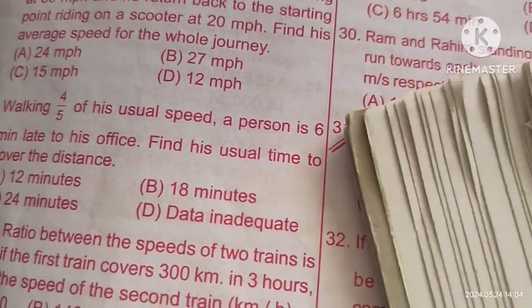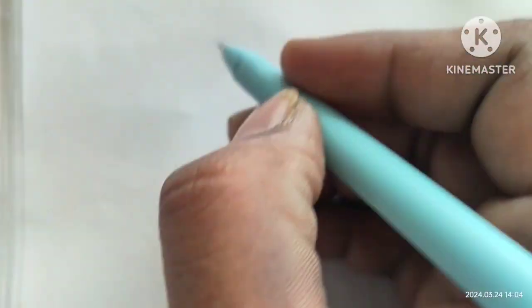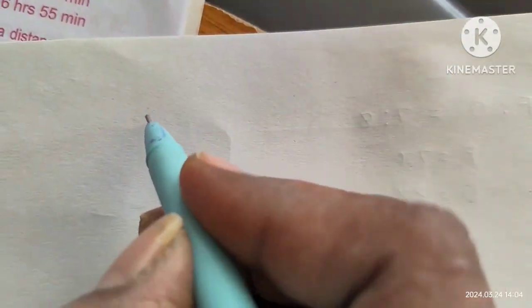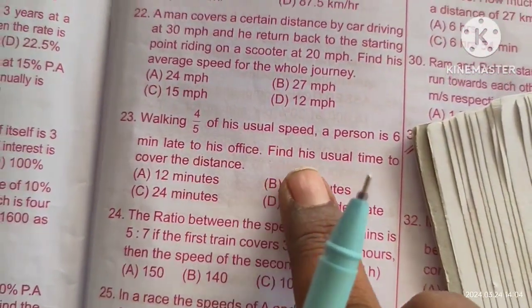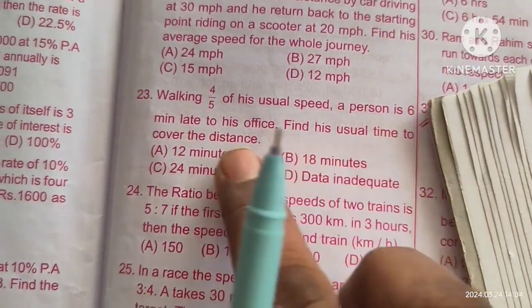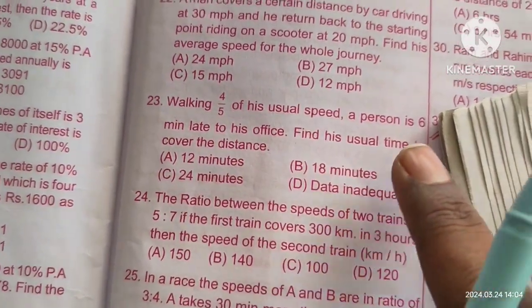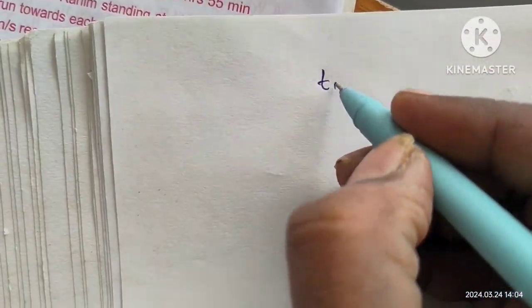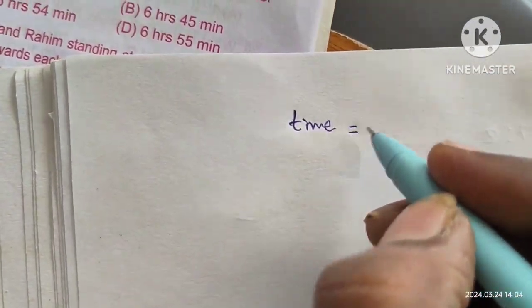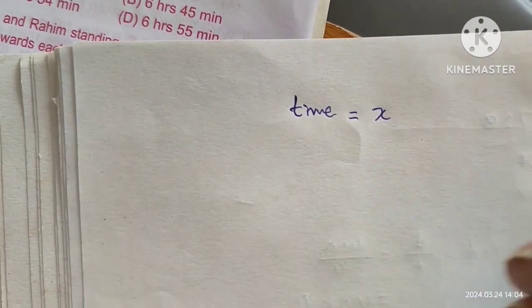First I am taking the distance. They said usual speed and he is asking for his usual time to cover the distance. So take the usual time, the normal time, as some x.